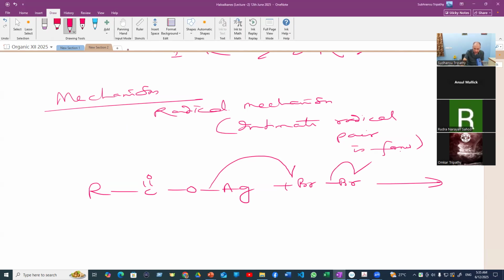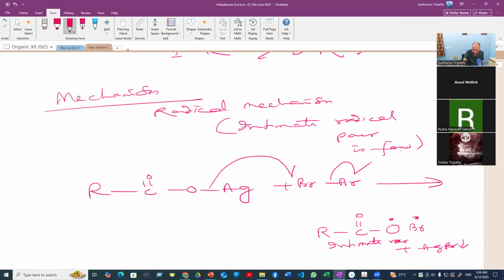This becomes first RCOO dot, Br dot, and Ag dot. No plus or minus. Ag dot and Br dot will give you AgBr precipitate. So this is an intimate radical pair.